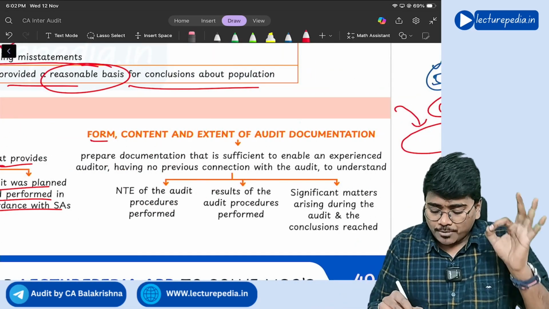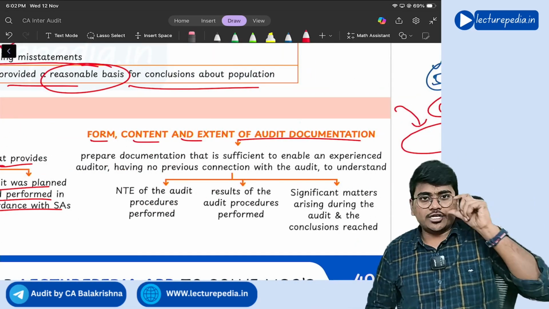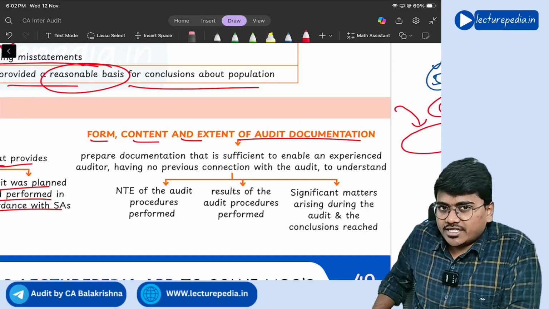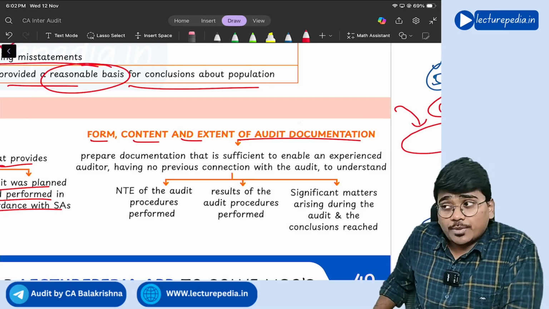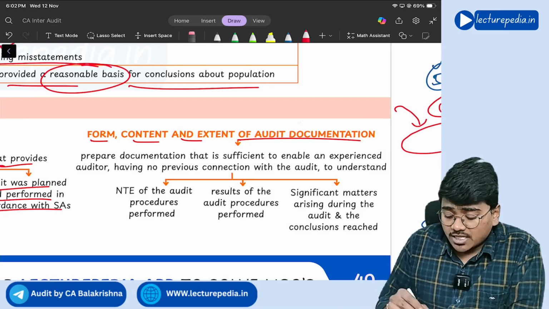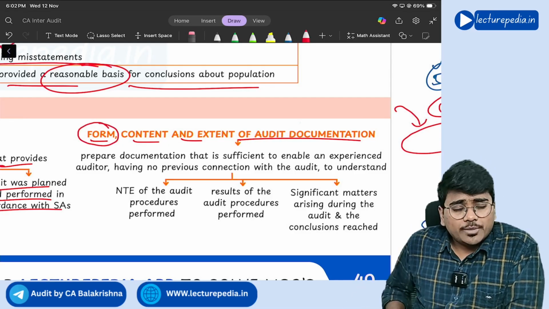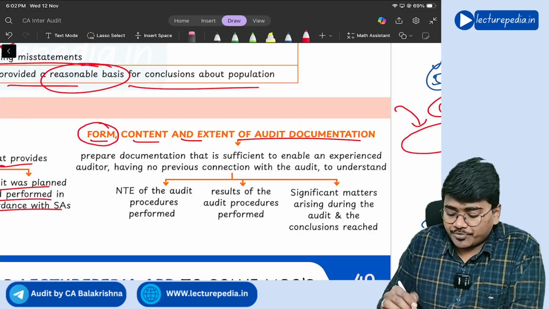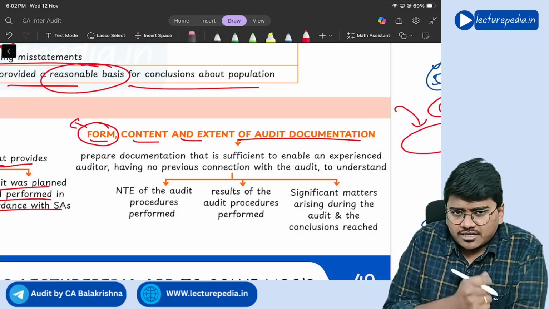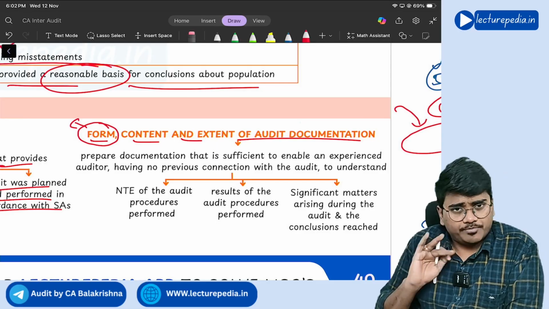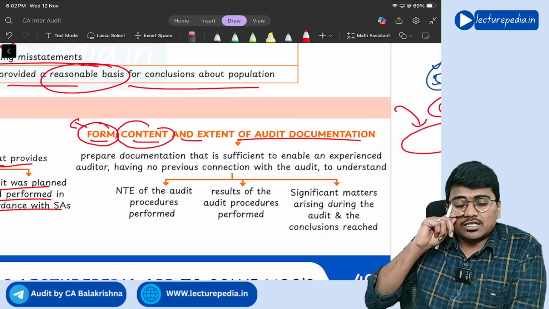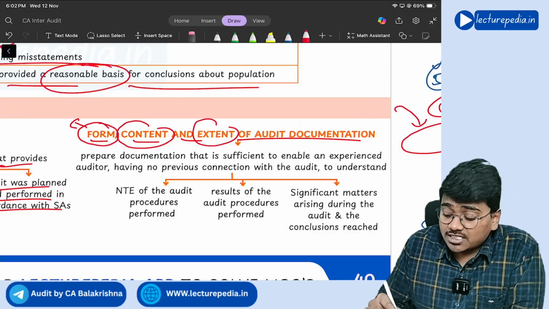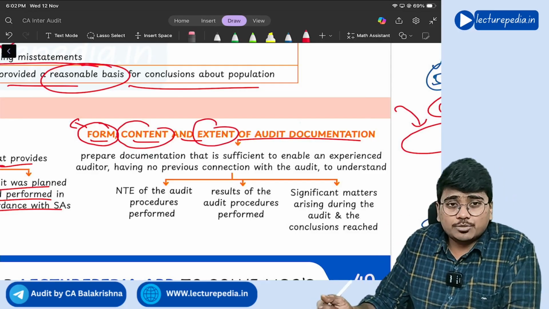Next, form, content, and extent of audit documentation. So you can get it out, sir. SA 230 is saying that every auditor has to maintain documentation, but in which format has the audit documentation to be maintained? Form. See, form, it can be either physical or a soft copy. Okay, and content, what should be included in that audit documentation, and extent, how much audit documentation should be maintained.